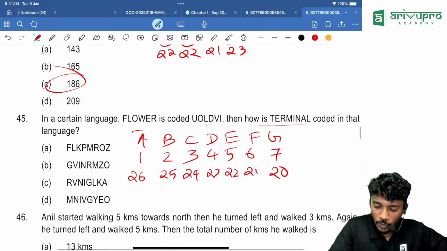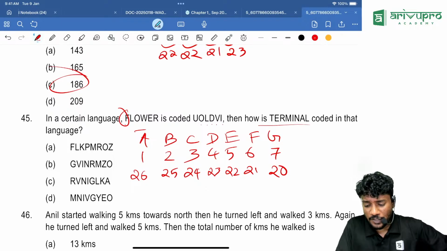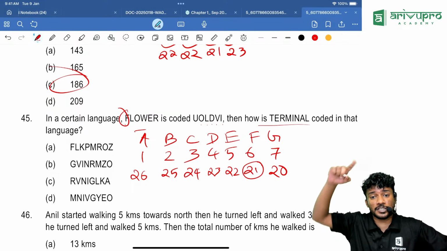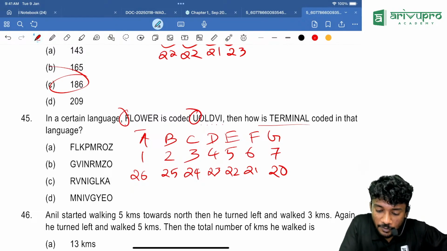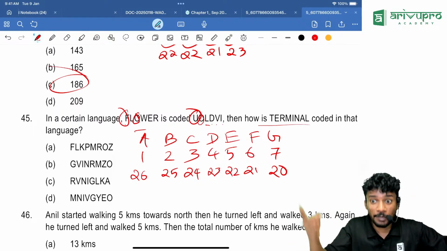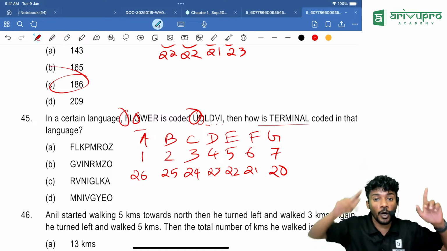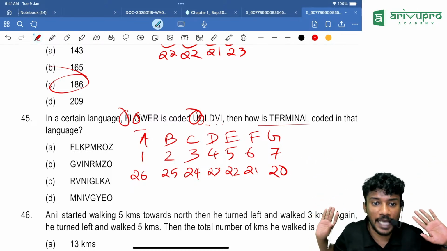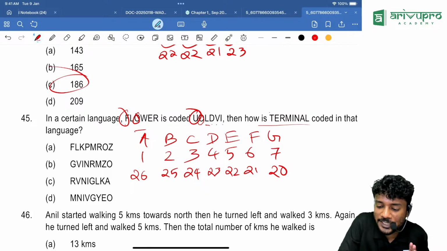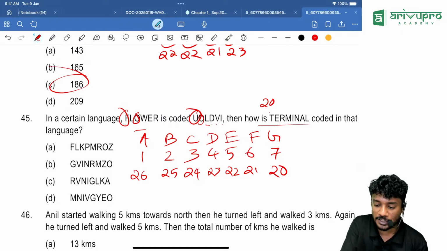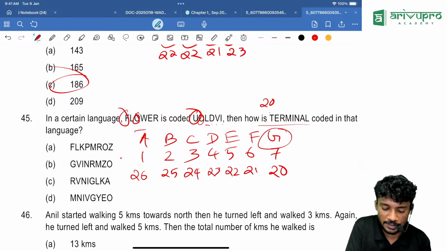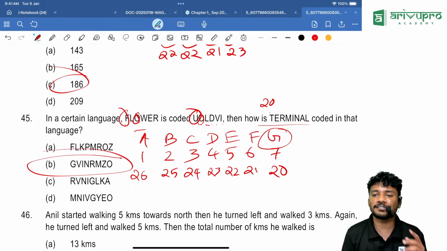Correct? Now, with respect to F, who is in the 20th position from the backward? U is there in the backward positioning, right? Then, with respect to L, O will be in the backward. With respect to O, L will be in the backward position. That means the coding is what? Forward to backward mapping is happening over here. Then, with respect to T, T is at what position? 20th position. So, who will be in the 20th position from backward? G is there. Answer is what? Option D is our answer.